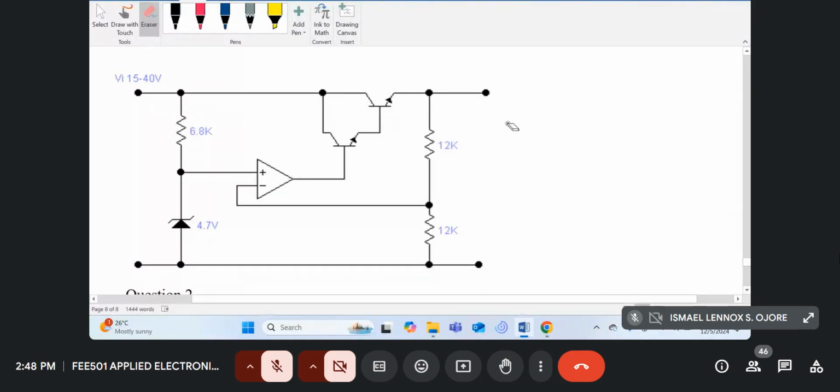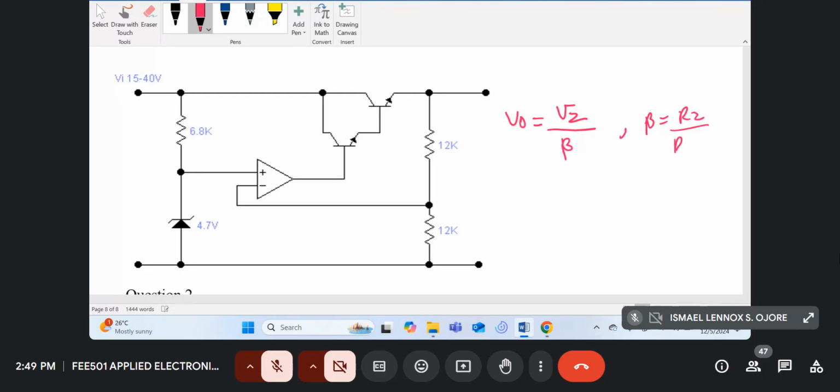So we are told V naught is Vz over beta, and you know beta is R2 over R1 plus R2, and you're told that AD is 100,000. So this is just simple substitution.